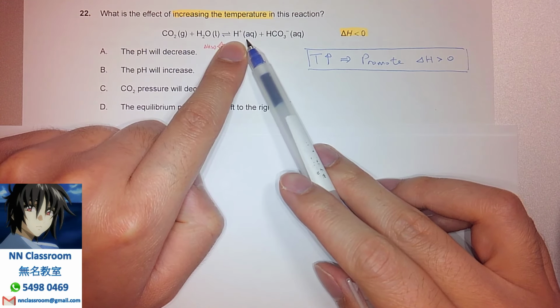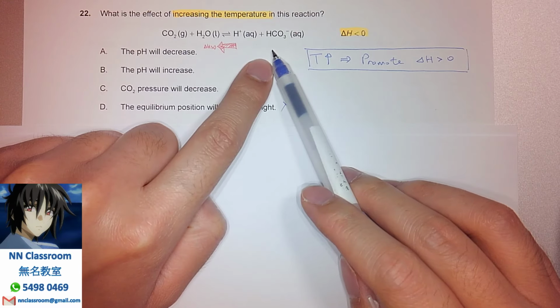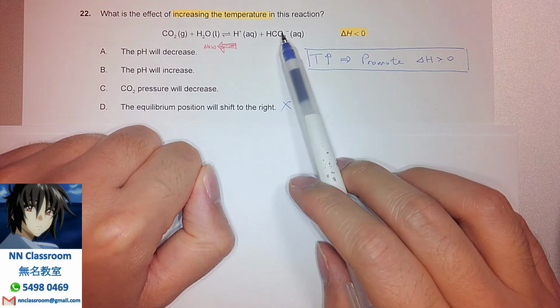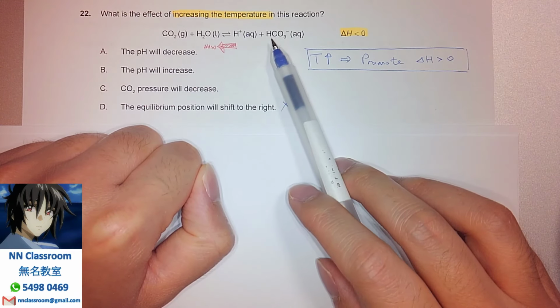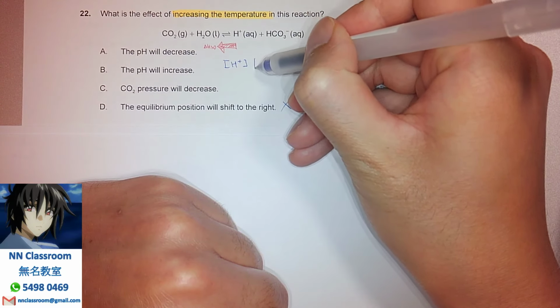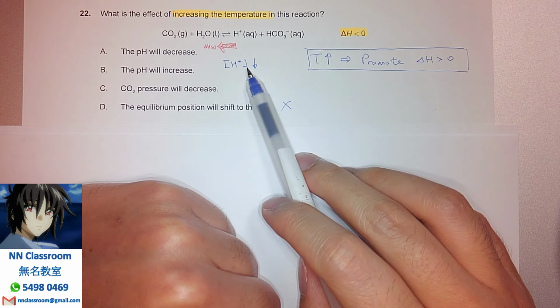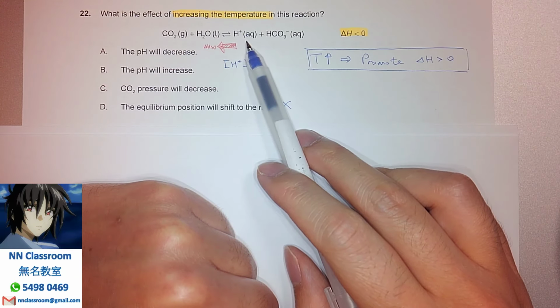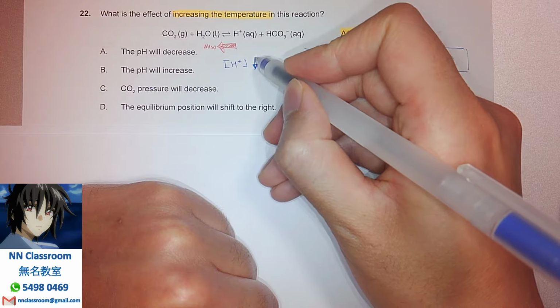So if we deduce that the equilibrium position has shifted to the left-hand side, what we can deduce is that the right-hand side products will decrease in concentration, including the proton concentration, because the proton is on the right-hand side. So the concentration will decrease.